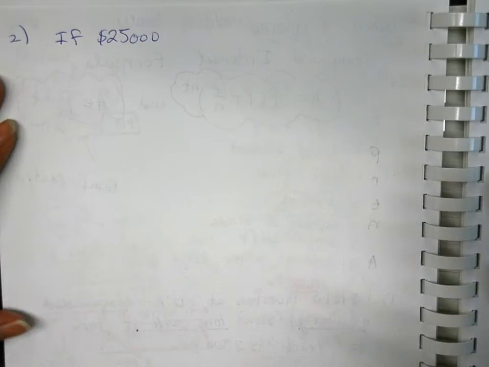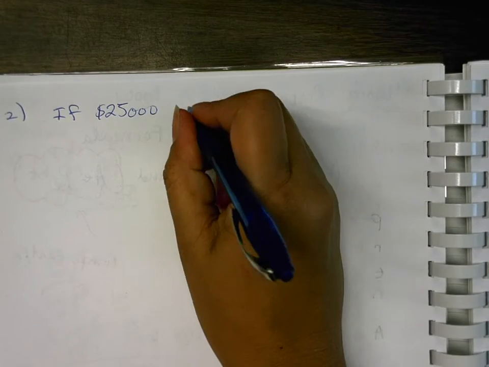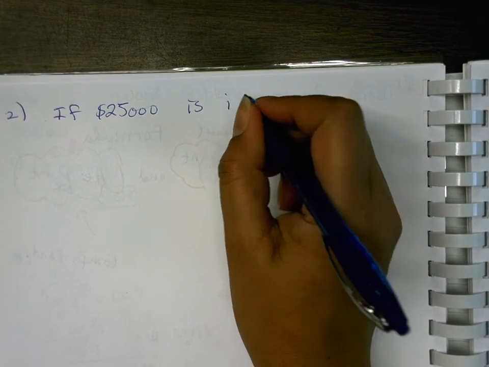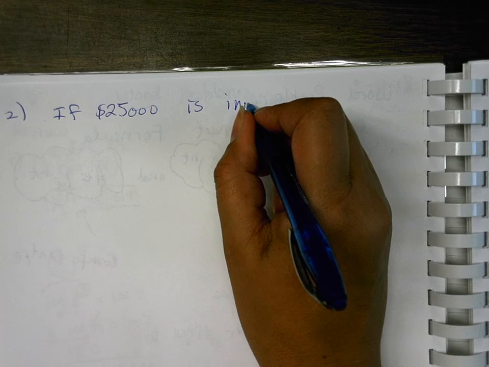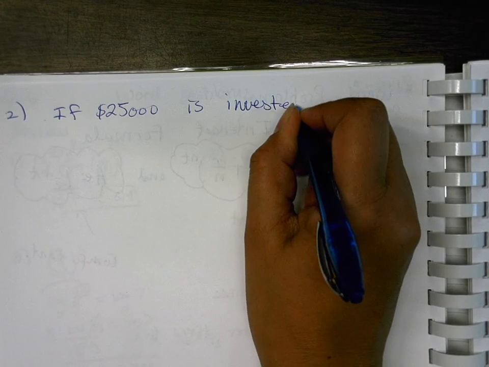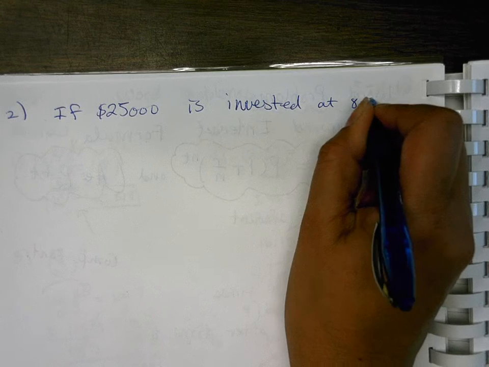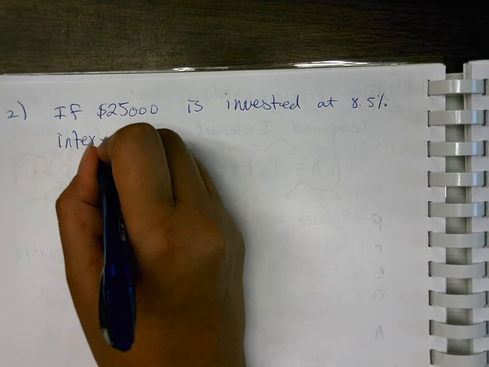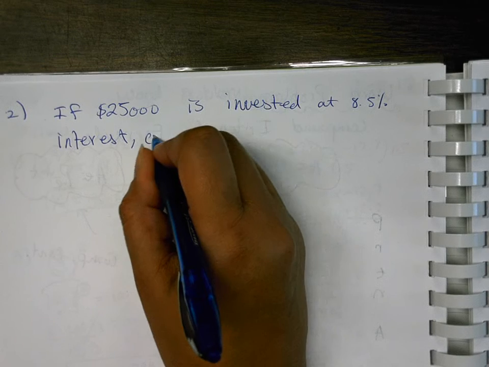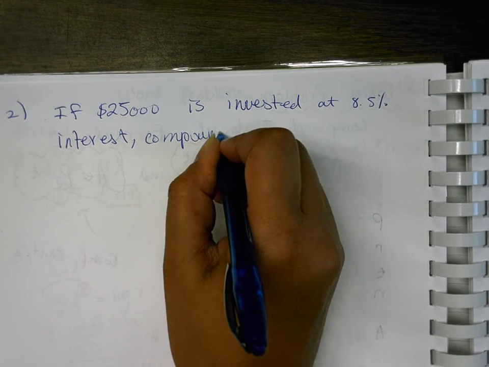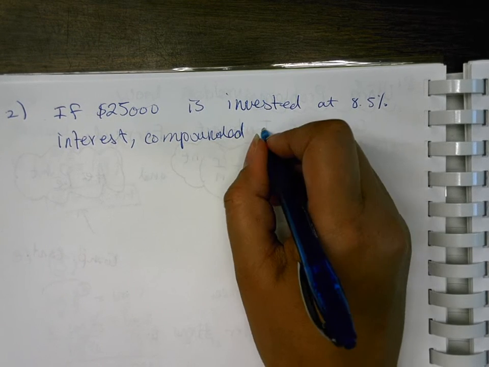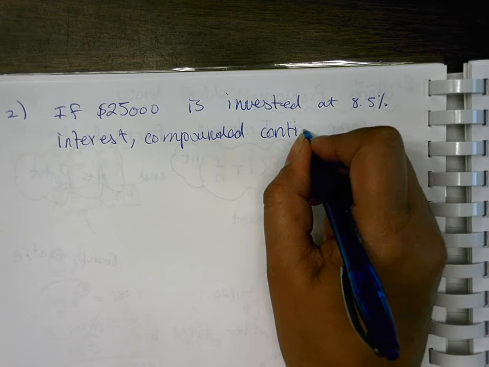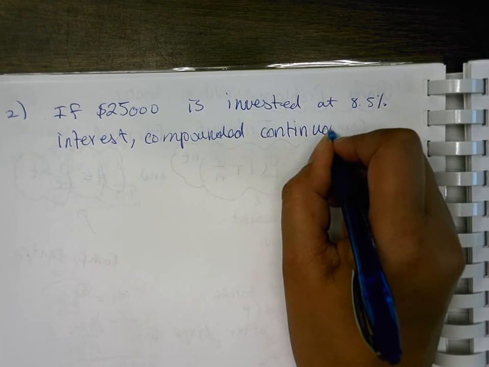If $25,000 is invested at 8.5% interest, compounded continuously. Is that right there the keyword for which formula you're going to use, first or second?